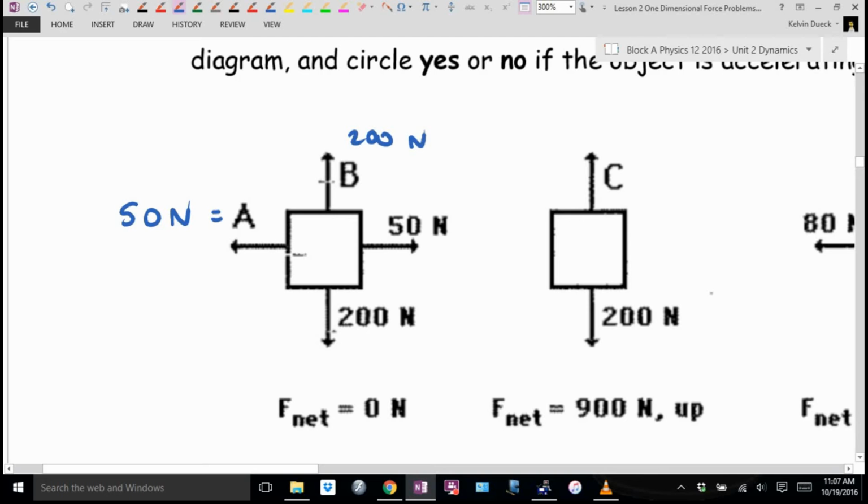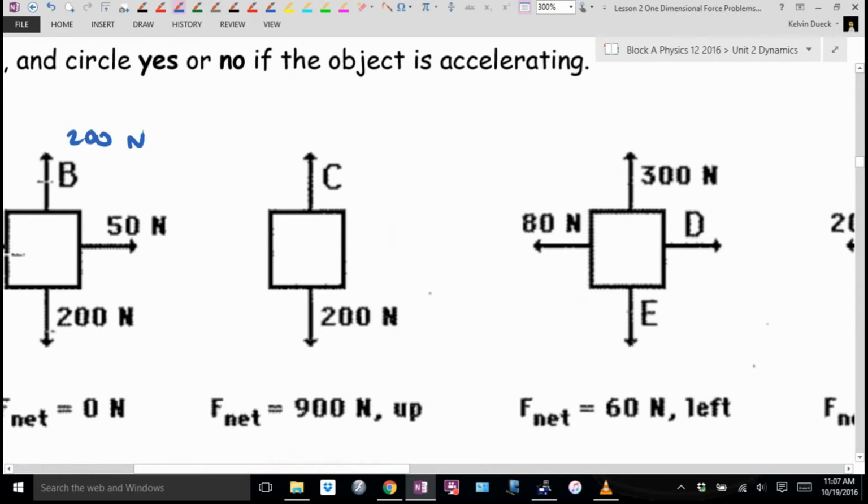Yes? Yeah? You're not using a calculator for this, are you? Please, I hope not. Connor, without a calculator, if the net force is 900 newtons up, how big does force C have to be in your head without a calculator? Oh, thank you for restoring my faith.